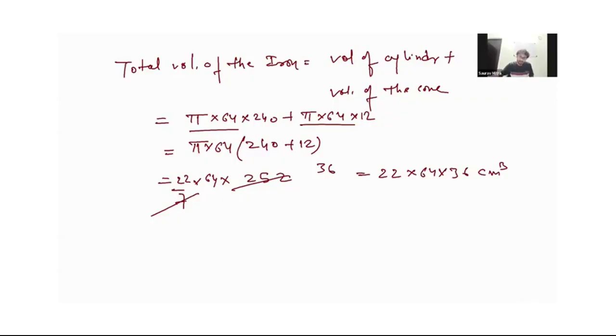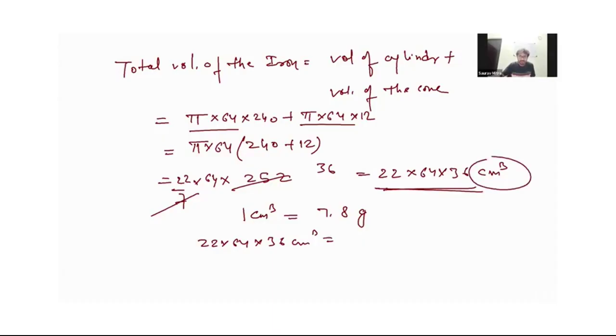It is given in the question that 1 centimeter cube weighs 7.8 grams. So 22 into 64 into 36 centimeter cube will weigh this much into 7.8. They are asking for the weight, and since we have calculated the volume in centimeter cube and weight cannot be in centimeter cube, they gave the relation that 1 centimeter cube equals 7.8 grams.